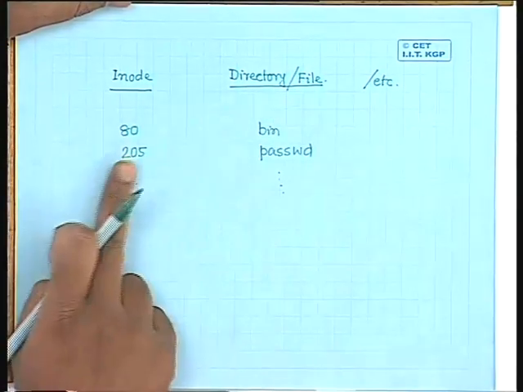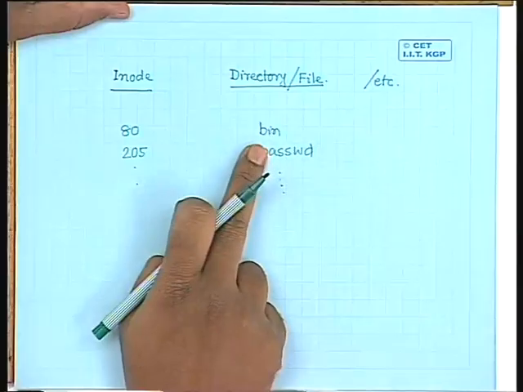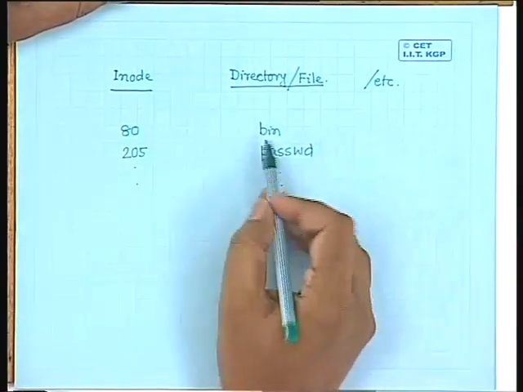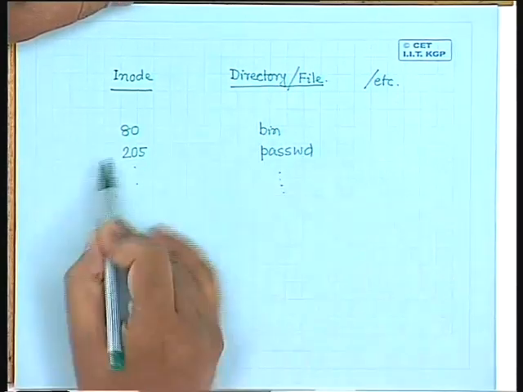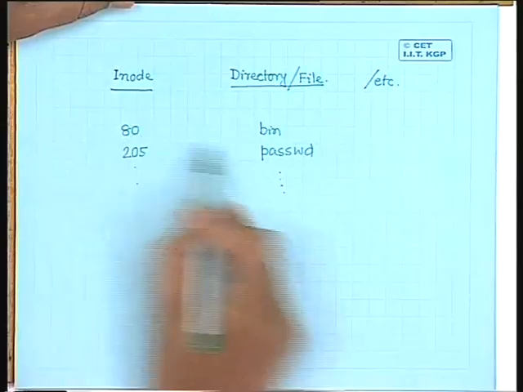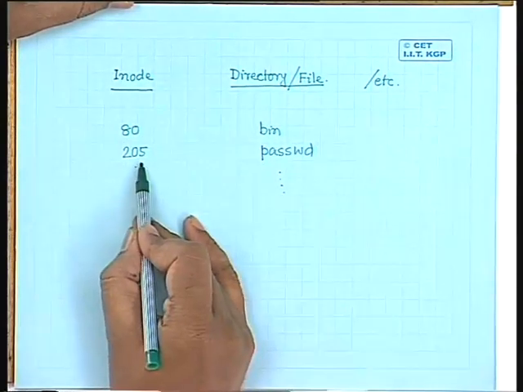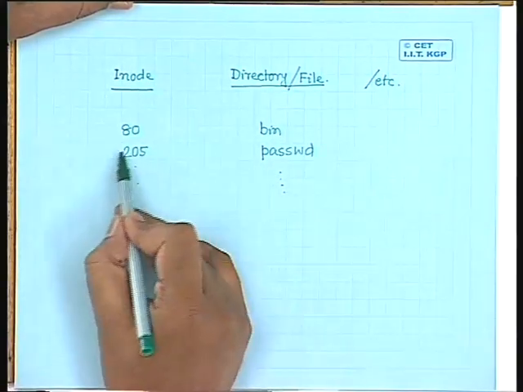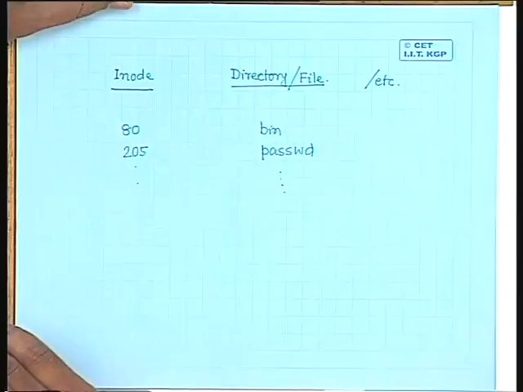So, a directory is nothing but a list of inode, directory or file pairs. Along with this, there may be other attributes to identify whether this is a file or a directory, which is also available in the inode. So, the 80th inode will say that bin is a directory. Similarly, the 205th inode will say that password is a file, it is not a directory, and that will be specified in the type field of this particular inode.